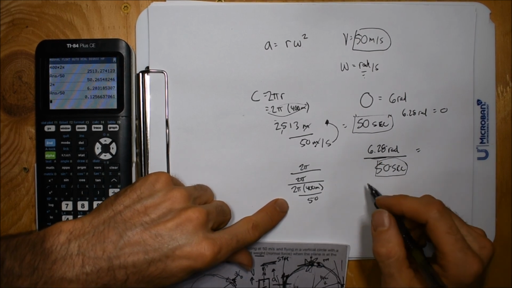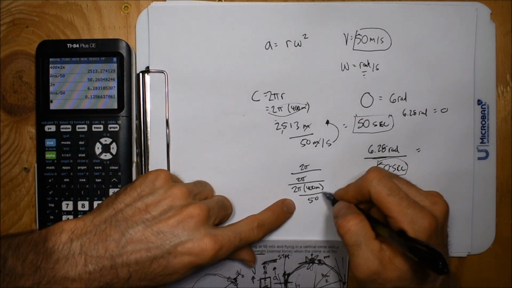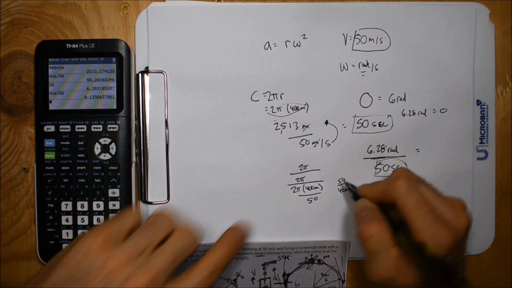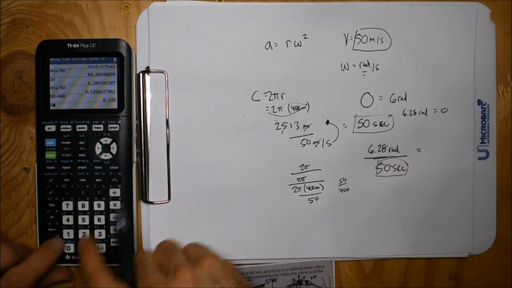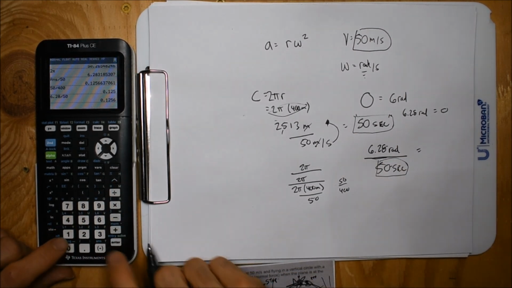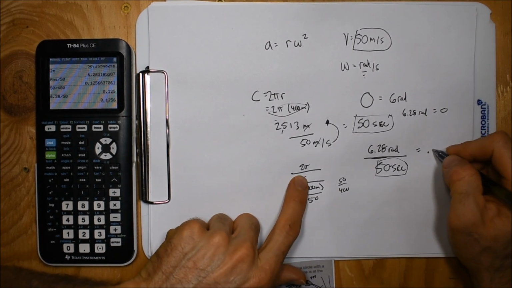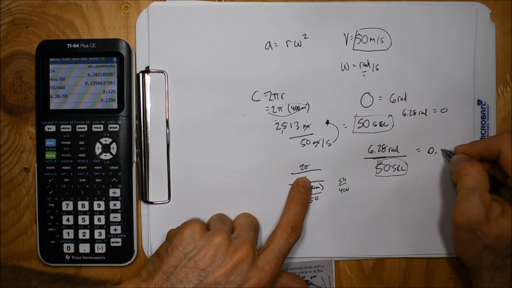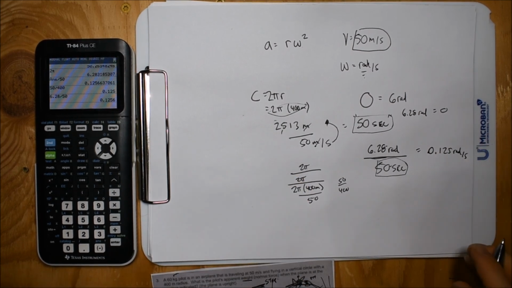I think the pi's just cancel right out, and you get 50 divided by 400. That was kind of a fun way to do it, but 6.28 divided by 50. Yeah, the pi's just cancel out. Anyway, you get 0.125 radians per second.